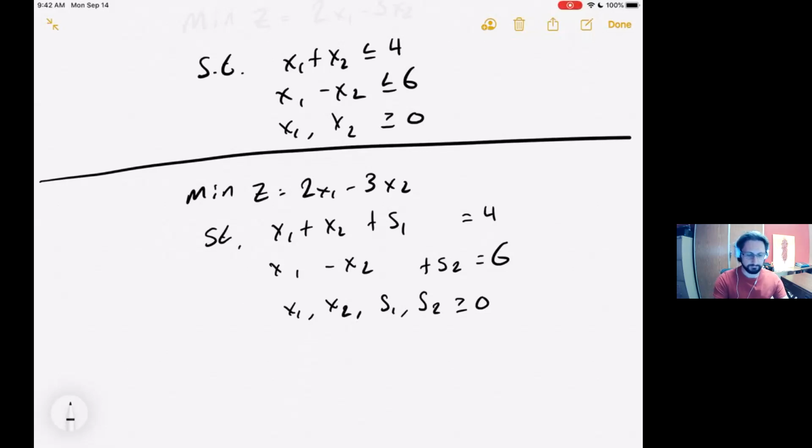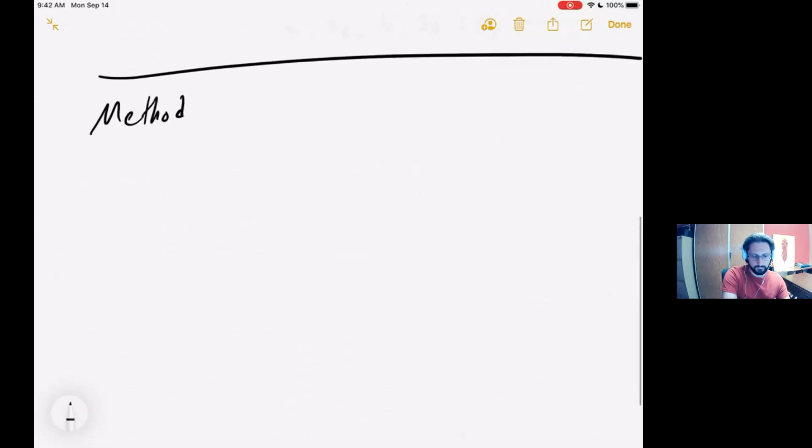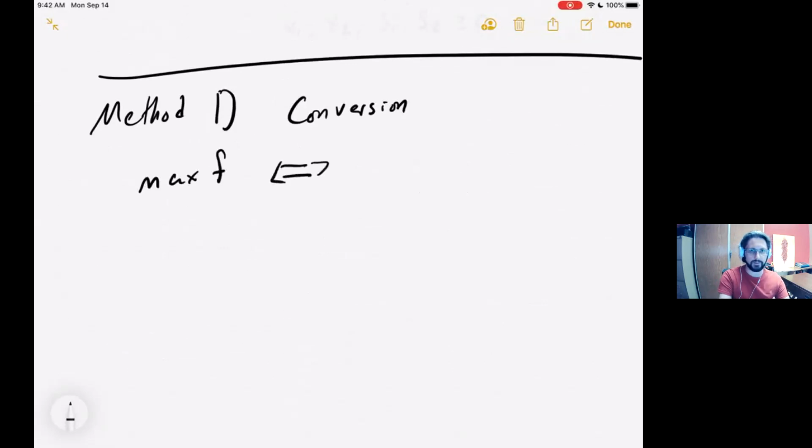Your textbook lays out two methods for solving LPs. And the first one is a conversion method. It relies on the idea that maximizing the function f is logically the same thing as minimizing the function negative f, and vice versa.